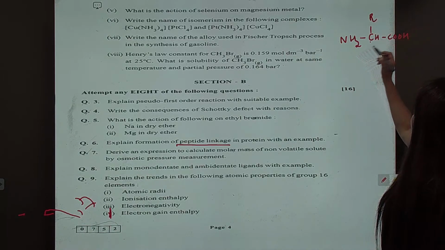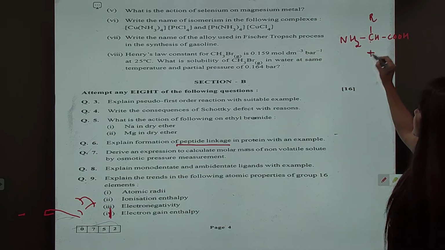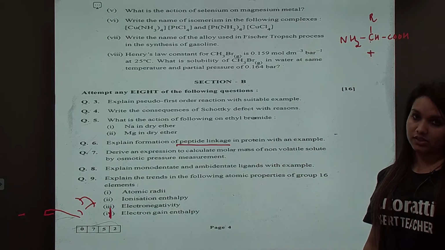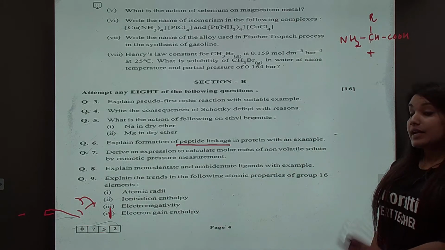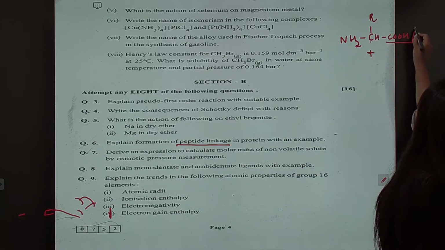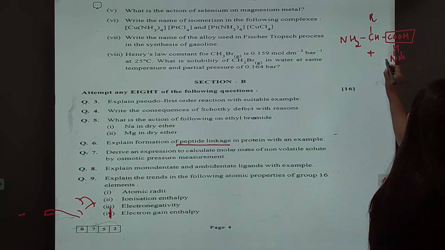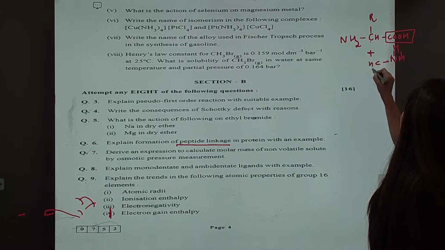Now if I have to make a peptide linkage, I'll take another alpha amino acid, and I'll place it in such a way that the COOH of this amino acid and the NH of the other amino acid are present together. I'm making it like this, NH2, and then you will have the same kind of structure, which is CH.